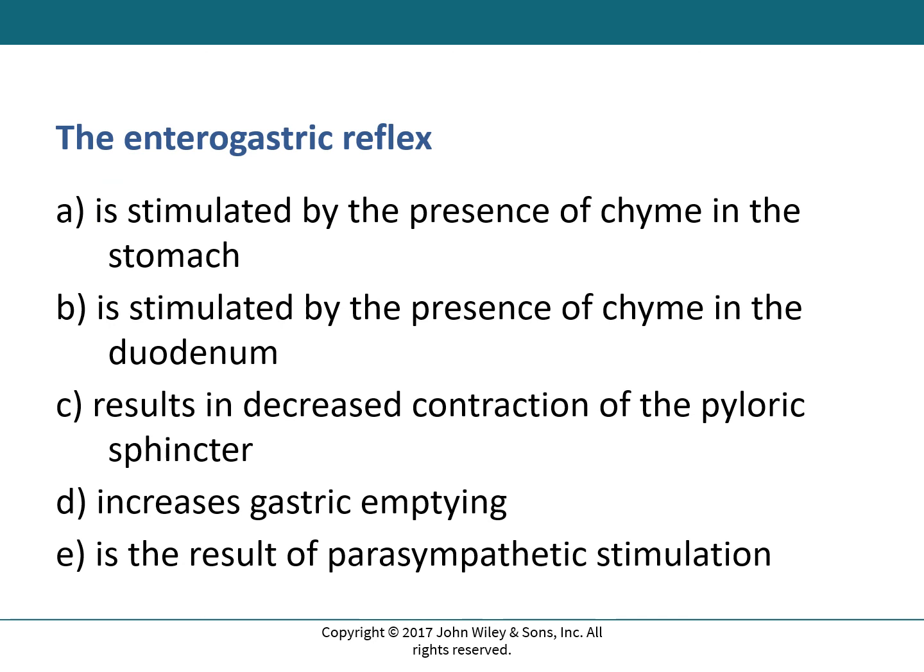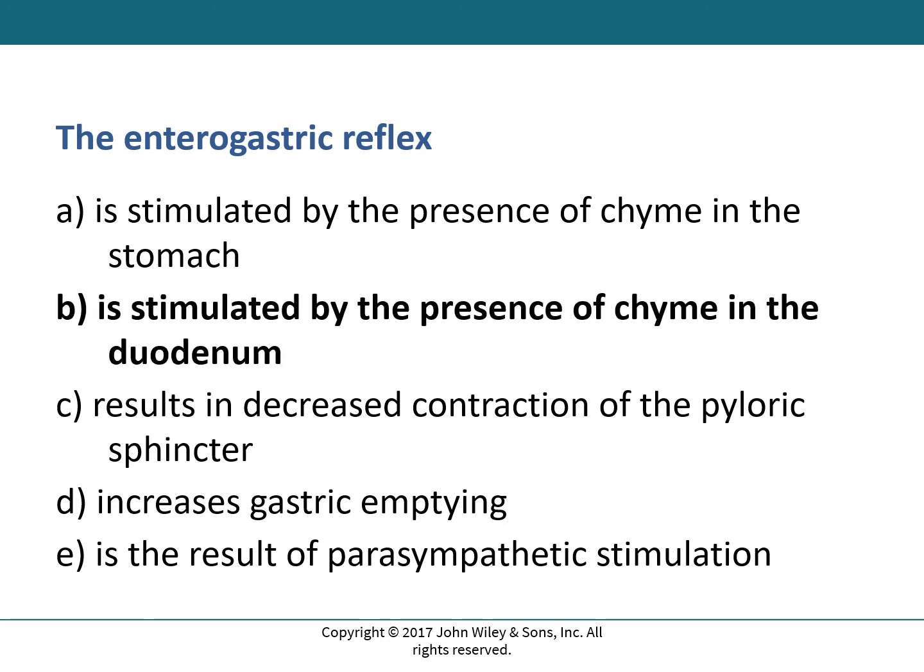The enterogastric reflex, which one is that? I'll give you a second to look and decide. B, it's stimulated by the presence of chyme in the duodenum, and what this does is it tightens the pyloric sphincter, slowing down the entry of chyme into the duodenum.